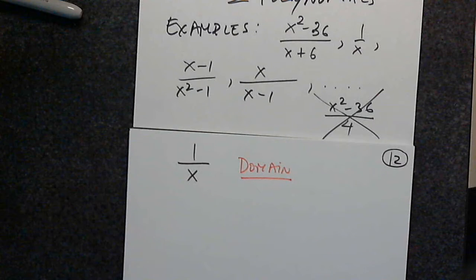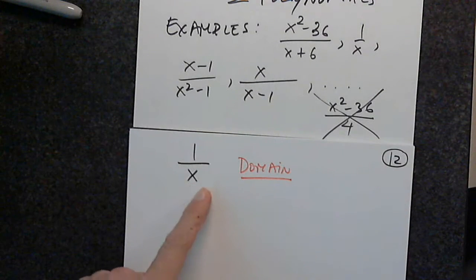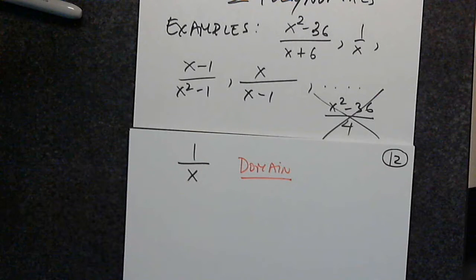If I ask you evaluate for 2, you'll say 1/2. If I say evaluate for 1, you'll say 1. If I say evaluate for -2, you'll say -1/2. But there is one specific number that I cannot ask you to evaluate for, because you will not be able to give me a number, Jay. 0. Why?